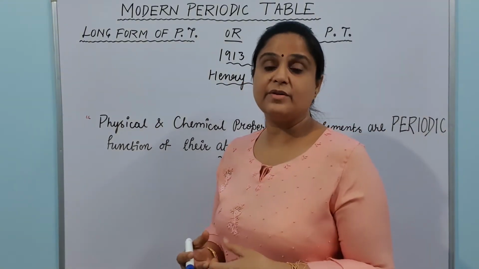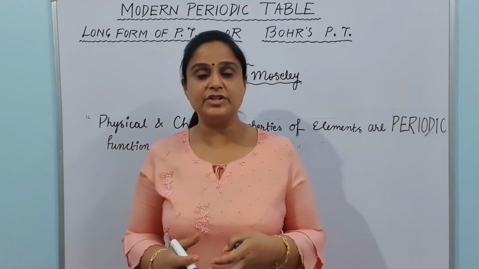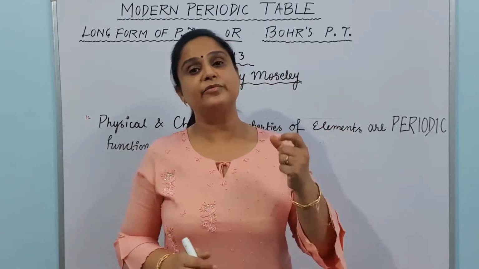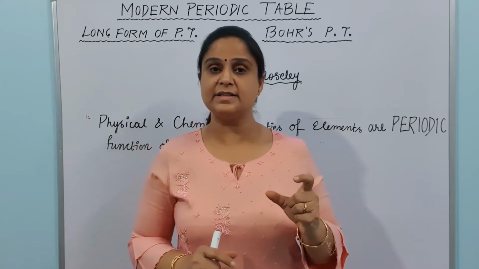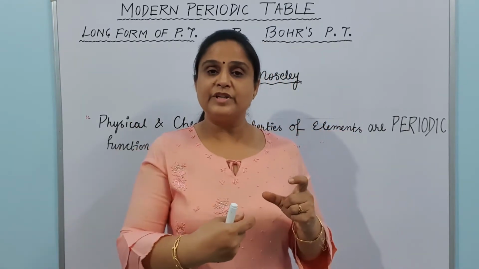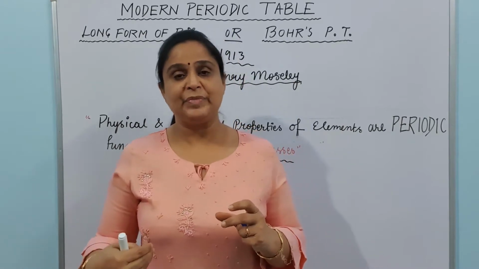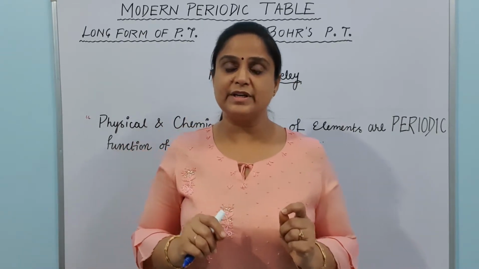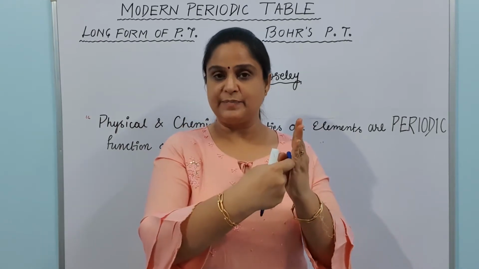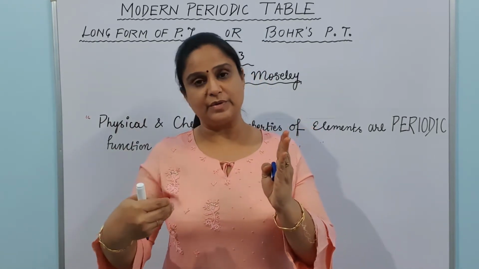Actually, Henry Moseley was doing an experiment in which he was trying to find out the relationship between the frequency of the X-rays and the atomic mass of the element from which these X-rays are coming out. In his experiment, he was bombarding electrons on various metals, and X-rays were coming out from these metals.